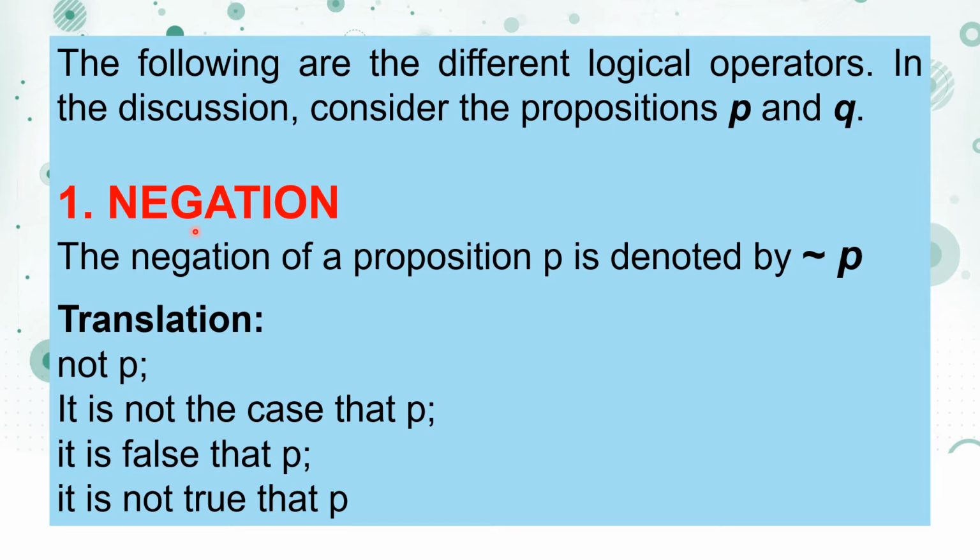For example, the statement is, Anna is a dancer. So the negation of this statement is, Anna is not a dancer. So the negation of a proposition P is denoted by this symbol. So this symbol is the symbol for negation.